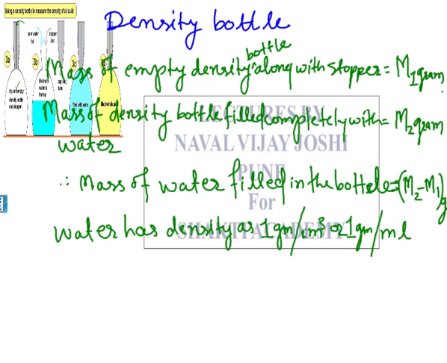I told you that 1 cm cube is 1 milliliter. If the meaning is not clear to you, then I would make it further clear.